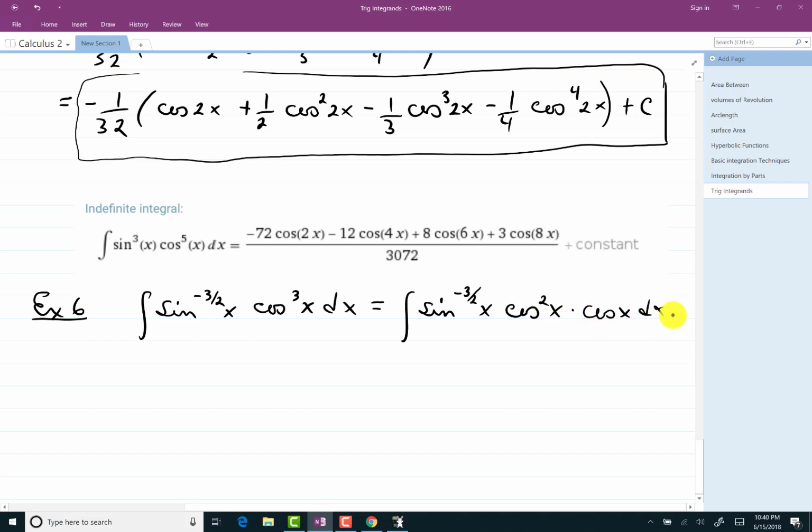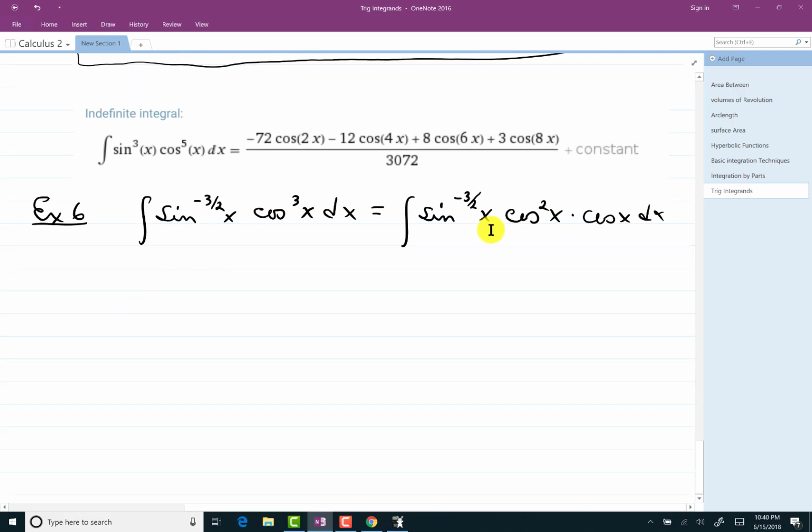The reason why I'll do that is because then I want to change cosine squared into 1 minus sine squared. And change this is a sine.